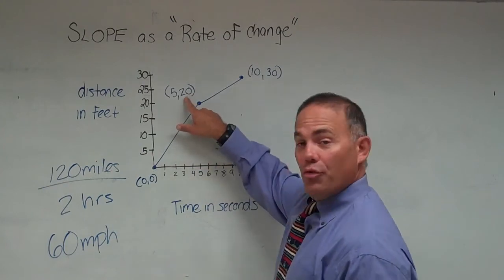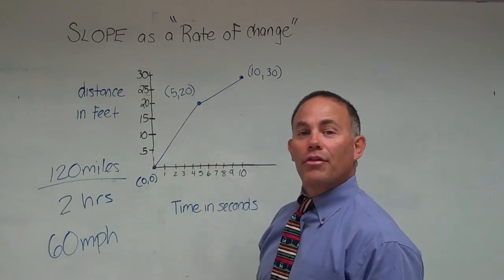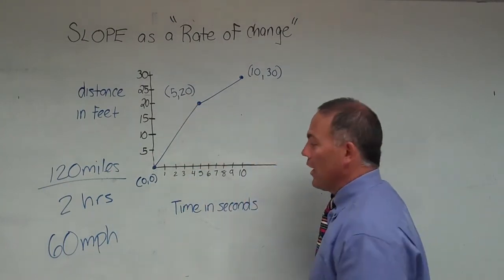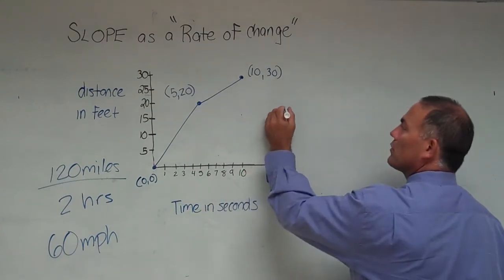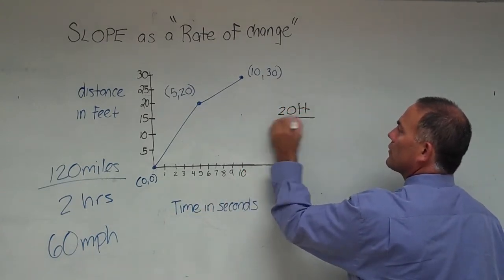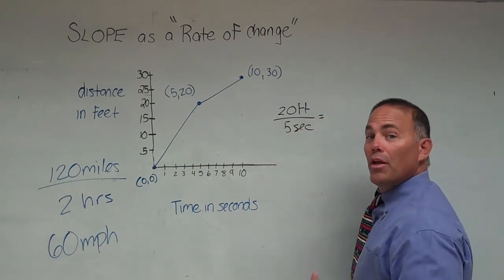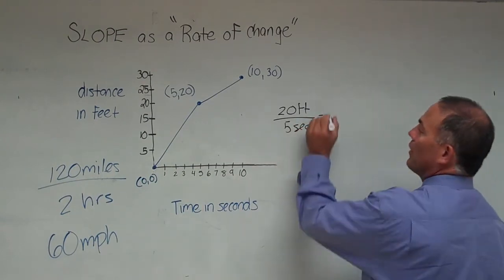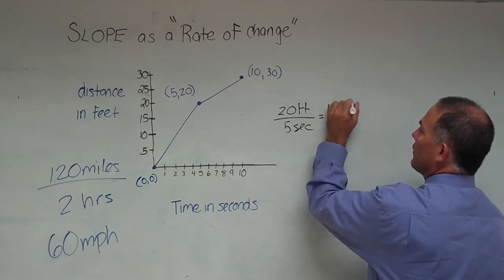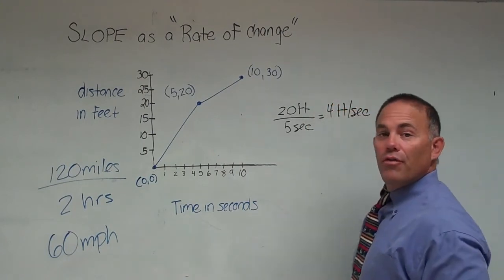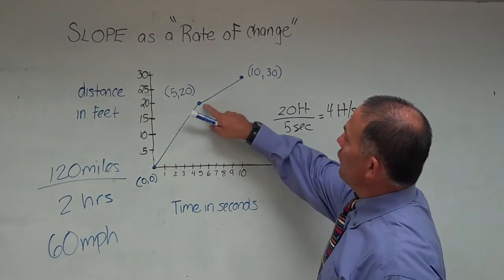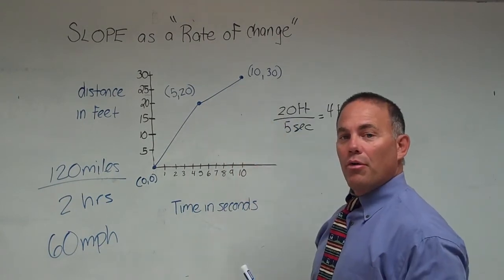Well, we went 20 feet. How long did it take us to do that? 5 seconds. So if we go 20 feet divided by 5 seconds, our speed, or in this case our rate of change, is going to be 4 feet per second.